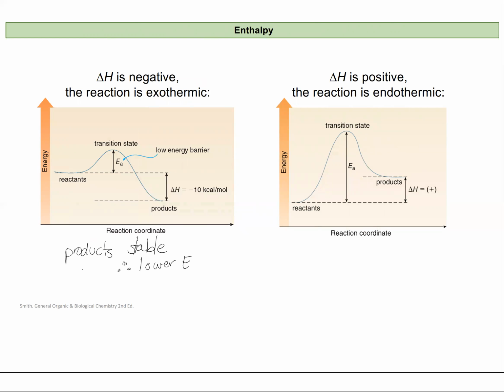And if they're at a lower energy than our reactants, then our enthalpy, our change in the heat of the reaction, is going to be negative. That really means that heat is going to be released. So if you're near this reaction, it's going to feel like it gets hot because it's giving off that heat.